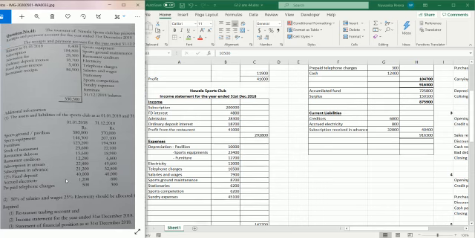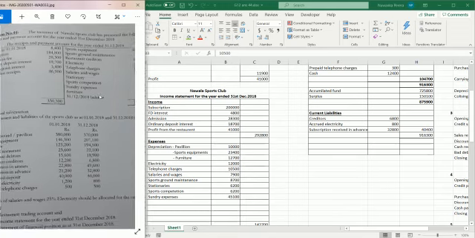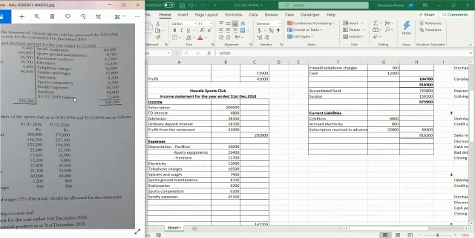Then at last there's another adjustment to be made. 50% of salaries and wages should be allocated to the restaurant. Now, since there are no accrued or prepaid amounts relevant for salaries and wages, you have to assume the total amount of salaries and wages is equivalent to the total amount of salaries and wages paid in cash within the account.